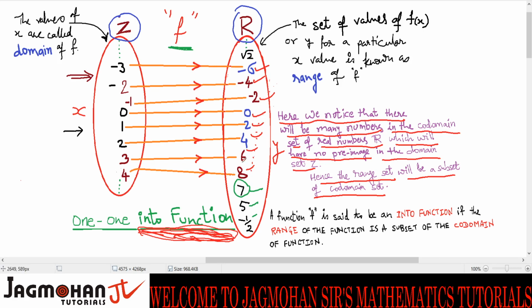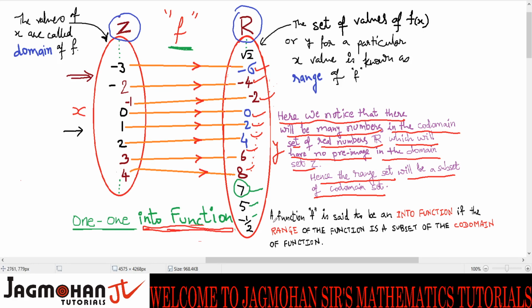The range set will always be a subset of the codomain set, and hence you will say that the function is an into function. What is the reason for that? The reason is that the range set is a subset of the codomain set.